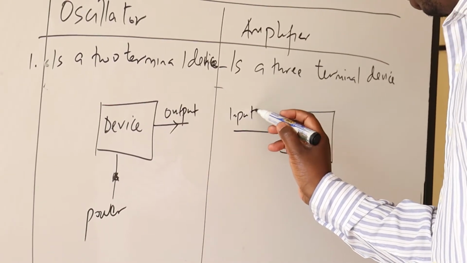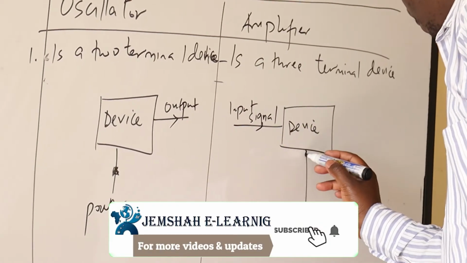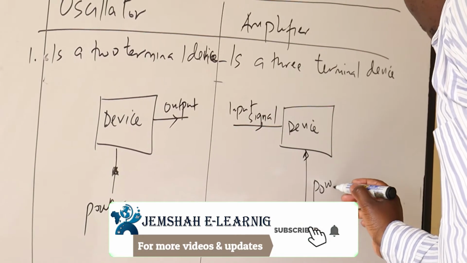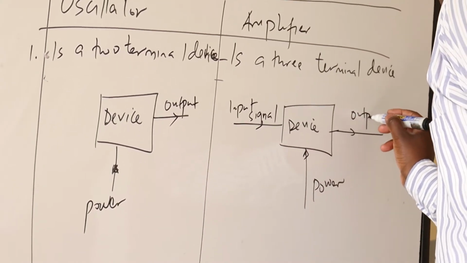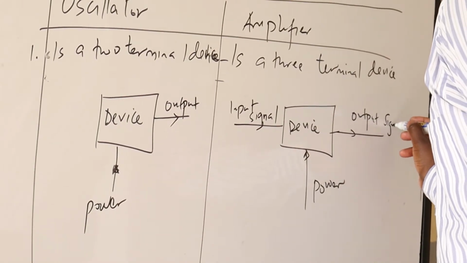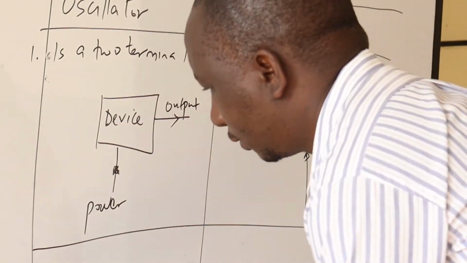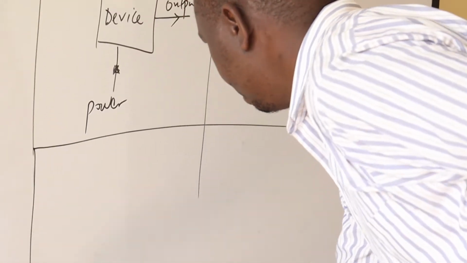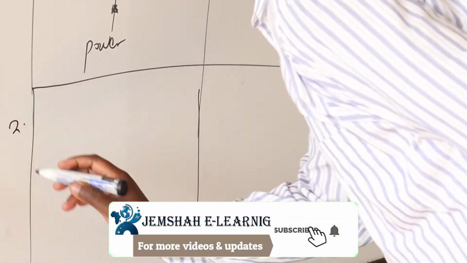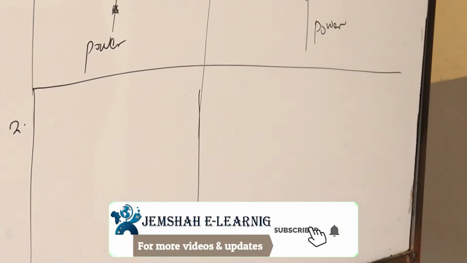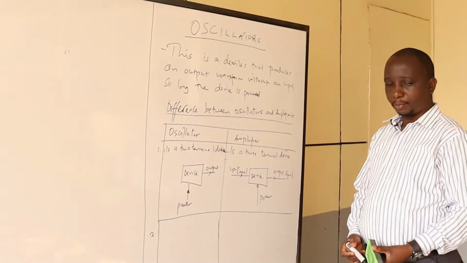This is the input signal, this is the power, and this is the output signal. So that's the first difference. This is what I mean by the two-terminal device and the three-terminal device.